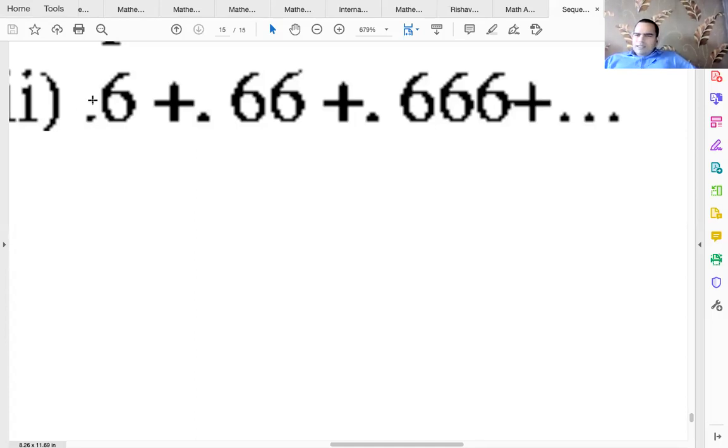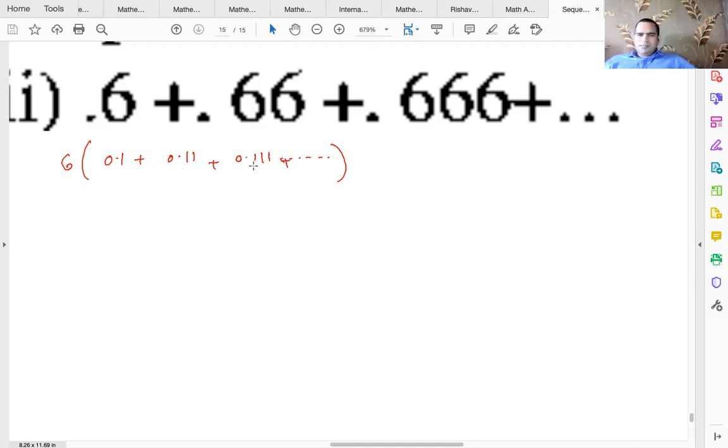Here's the second example of this type of question. The first step, once again, is to take the 6 common, so that we get 0.1 plus 0.11 plus 0.111 and so on. Generally, our intention is to reduce it to something like 9, 99, 999 and so on.